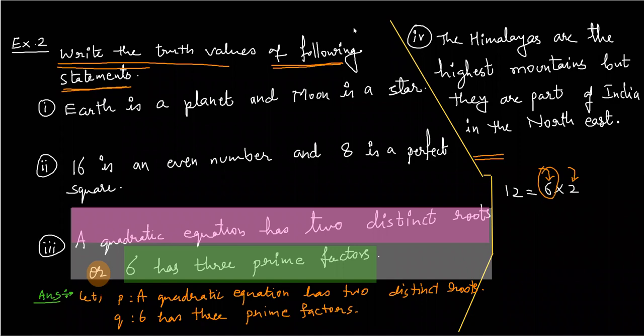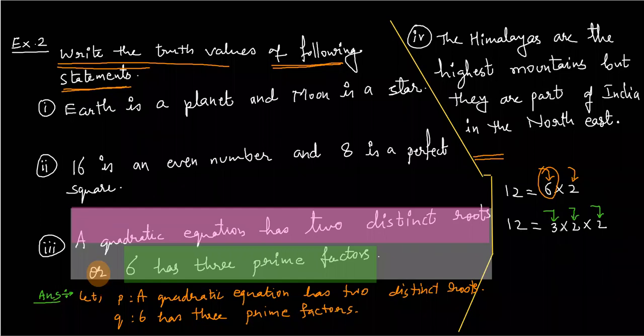So what I do is I write 12 as 3 into 2 into 2. Now I have written 3 factors and each is a prime number: 2, 2, 3. So now we will say that 12 has prime factors 3 into 2 into 2.